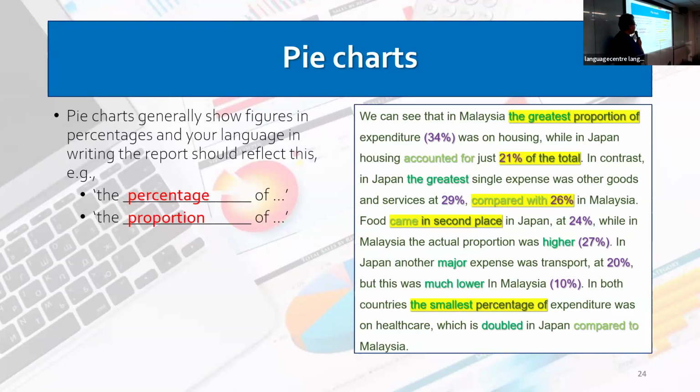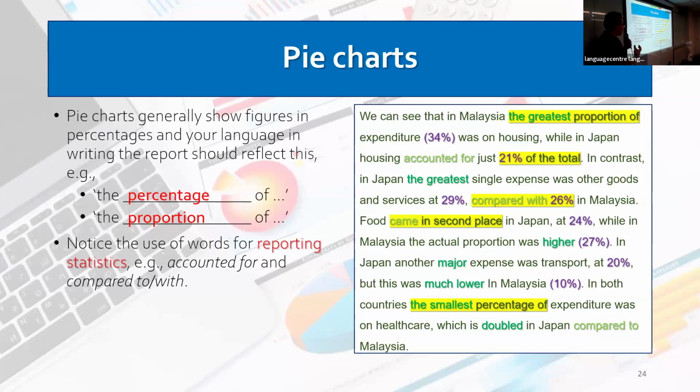Other than the percentage of or the proportion of, you can use of the total here, something came in second place or came in third place. You can also use compared with to signal to your reader that you are making a comparison between two numbers.